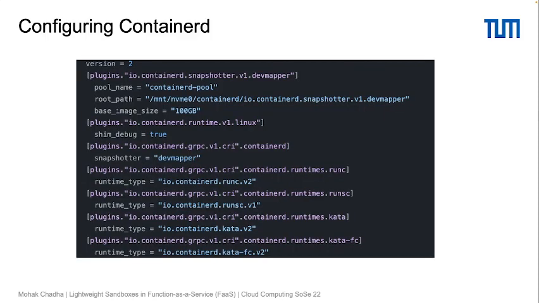All right, so this is an example of how you could configure containerd to use all these different runtimes that we talk about. Containerd provides these plugins, essentially, through which you can configure different things. For example, for gVisor, you could just use this runsc plugin and specify the runtime, and for Kata as well.